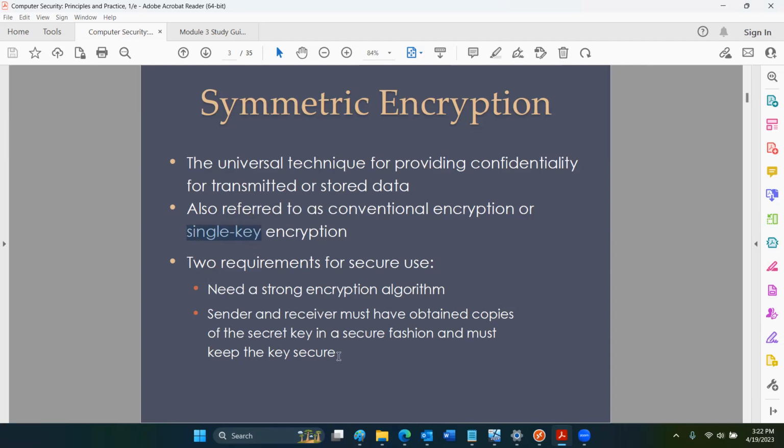The cipher is used to input information, and by the way, before the information is encrypted, this is referred to as plain text. Okay, so when we say plain text, we're talking about unencrypted data. And then when we talk about ciphertext, that's the output of the cipher algorithm or the encryption process, right?